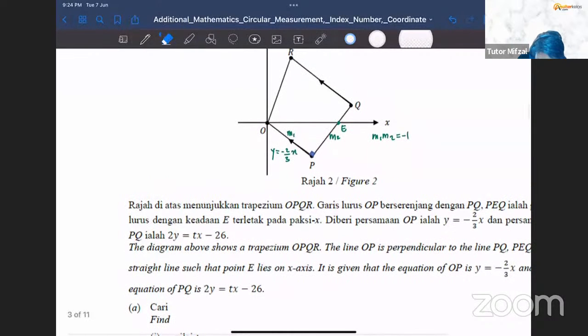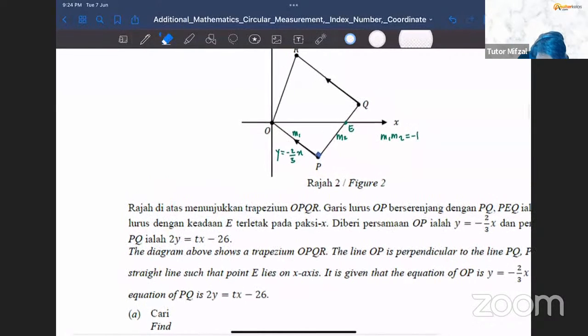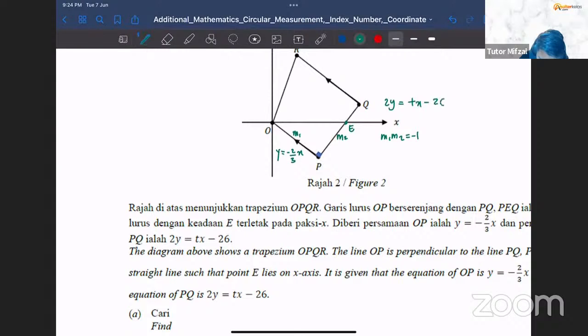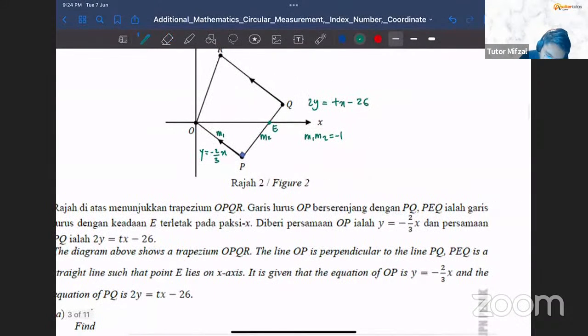So the equation of PQ is 2y equivalent to Tx minus 26. Now let us just divide this by 2 so that it is in the form of y equivalent to mx plus c.